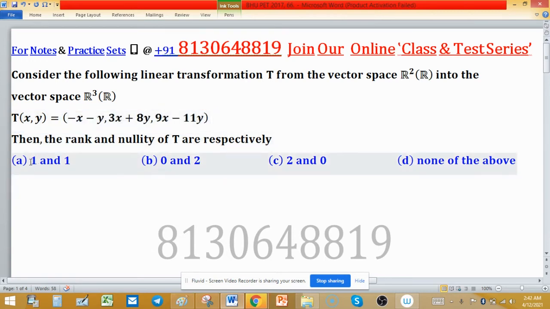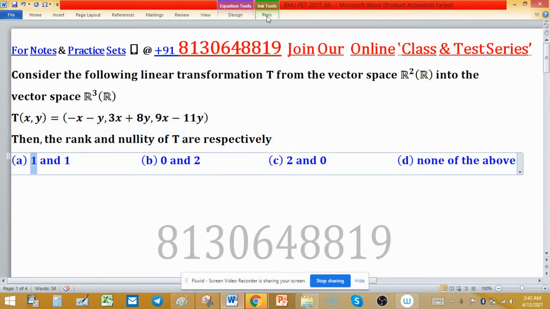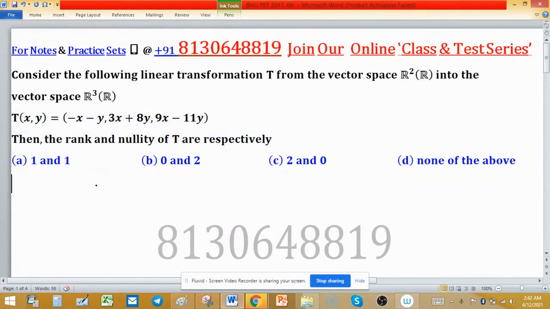First number is showing rank and second number is showing nullity of this linear transformation. Whenever question for linear transformation is given to us, then always try to find matrix representation of the given linear transformation, because matrix representation is quick way to analyze rank, nullity and other respective eigenvalues if asked.